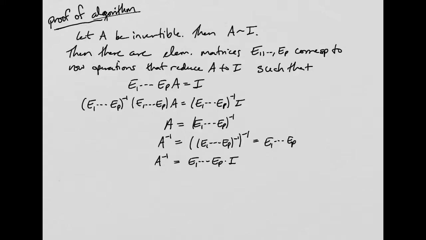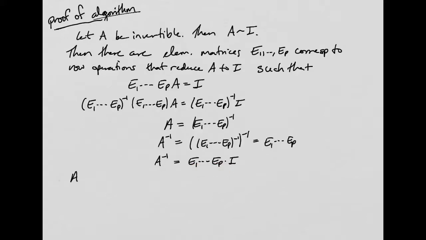and I'm going to stick on the identity at the end. This doesn't really add anything, it doesn't change the matrix at all. Of course, if I multiply by the identity, I get the same thing back. But putting it here illustrates the punchline now, because A inverse can be obtained from the identity by multiplying by these elementary matrices.